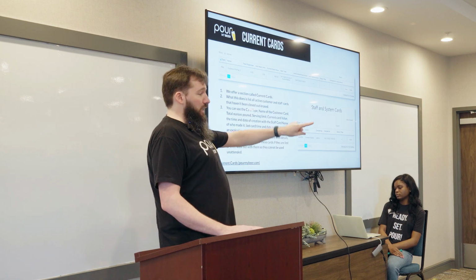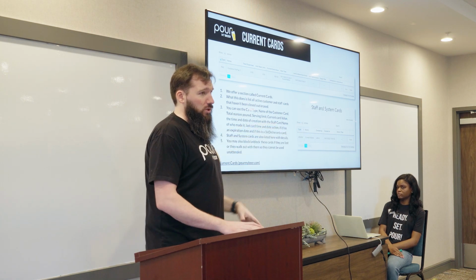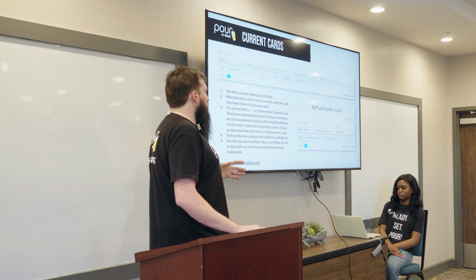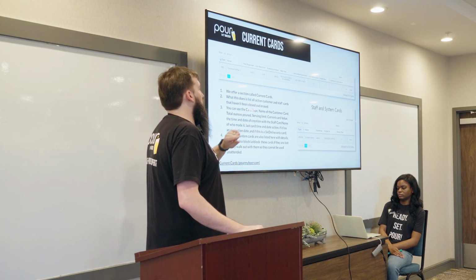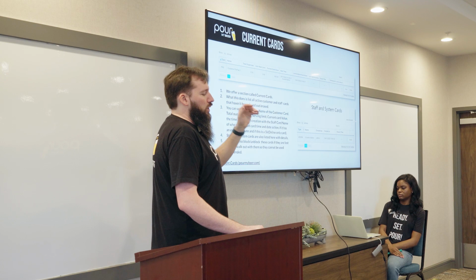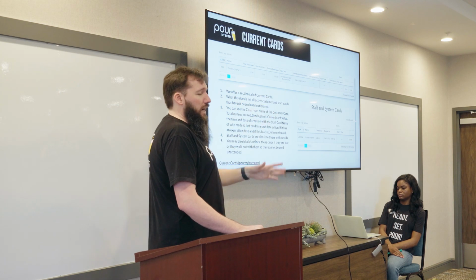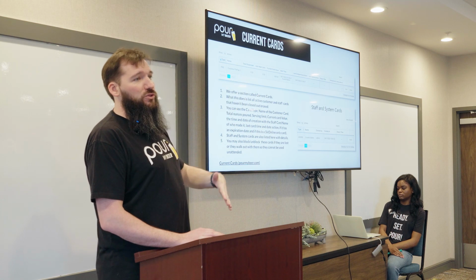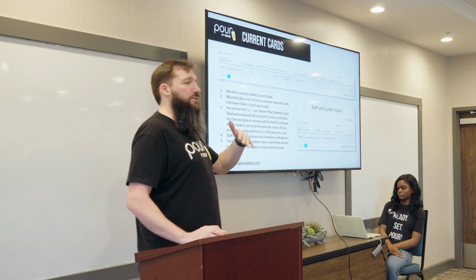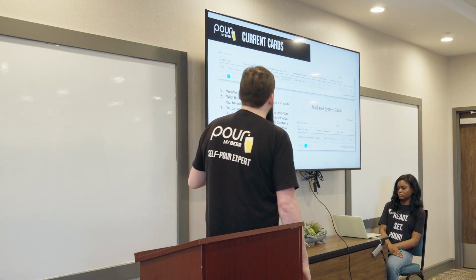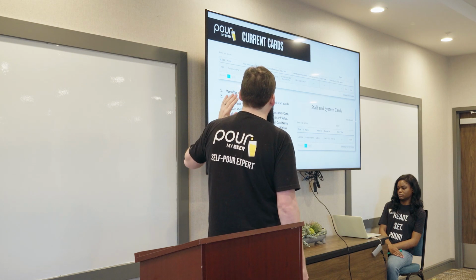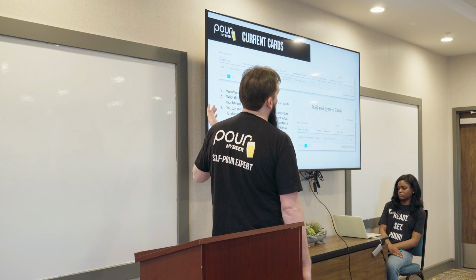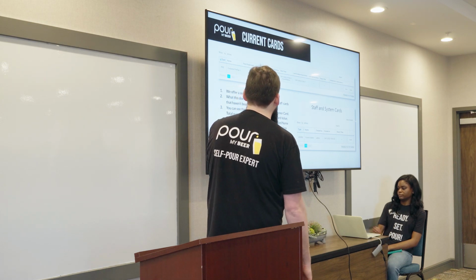You can actually see that from your little terminal as well, where you create your customer cards. You can just hit current cards, and you can see all of the cards that are active right now, and you can click into them and see what they have poured so far, what the value is, all that jazz. But current cards is showing historical and current card data. Going to move on to the next one.